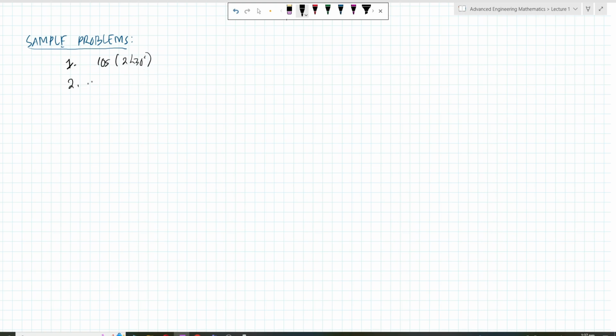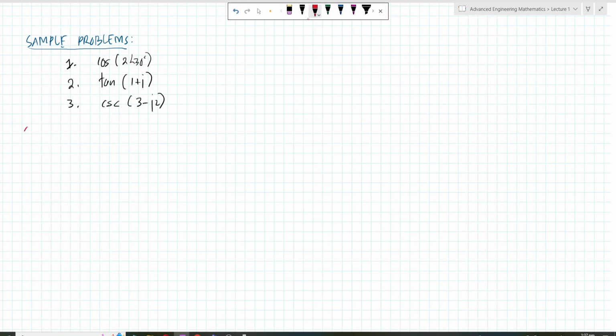Number 2, let's say the tangent of 1 plus j, and number 3, the cosecant of, to keep it simple, 3 minus j2.